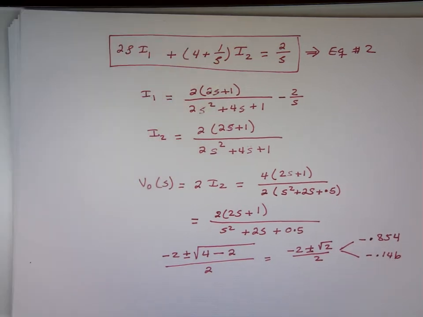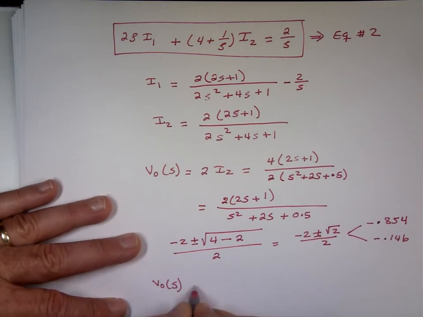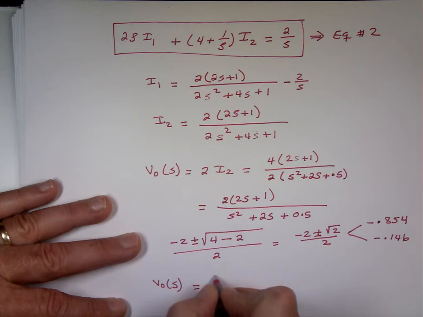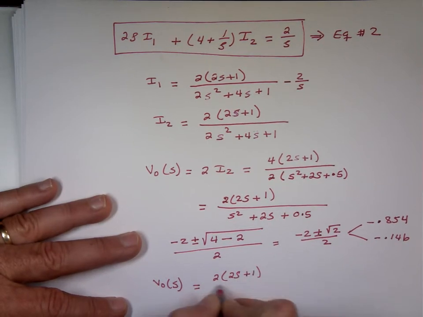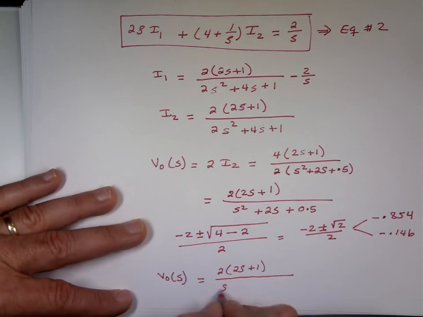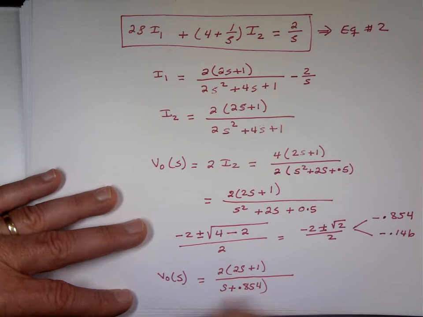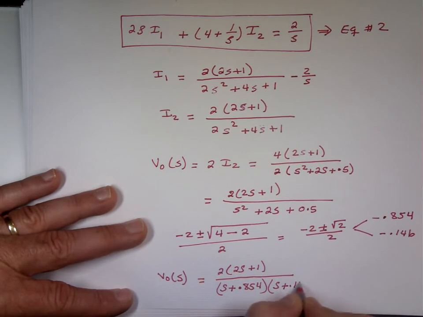Now watch how easy the problem becomes. I can write V out as a function of S to equal 2 times 2s plus 1 over, instead of leaving it like this in quadratic, make it S plus 0.854 times S plus 0.146.